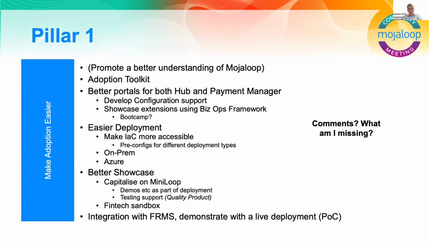Yeah. And that's the purpose of the adoption toolkit. It's to bring together all that distilled knowledge of all the non-technical stuff. There'll be some technical stuff in the adoption toolkit, but the majority of it is not.